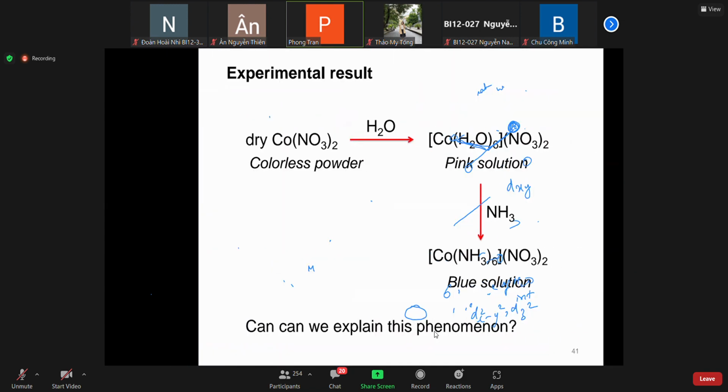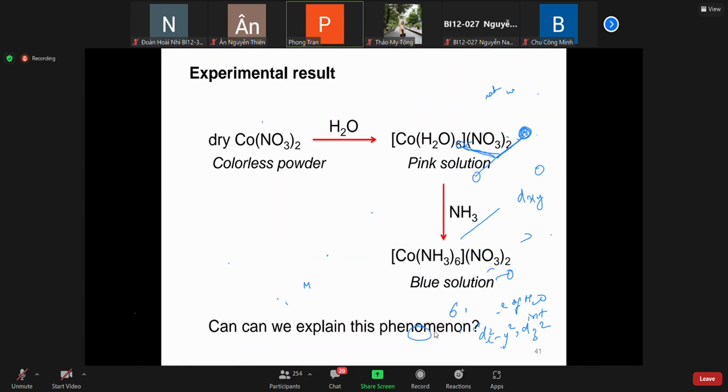Okay, this one. This is experimentally what we can observe in the lab. Let's say you take the dry cobalt nitrate. The dry one has no color, a colorless powder.